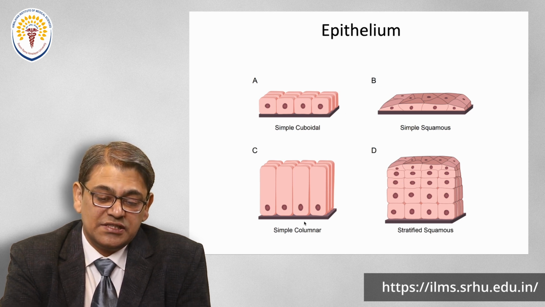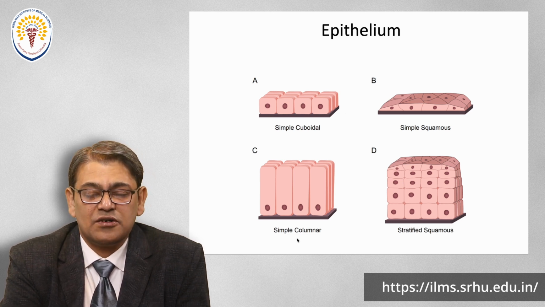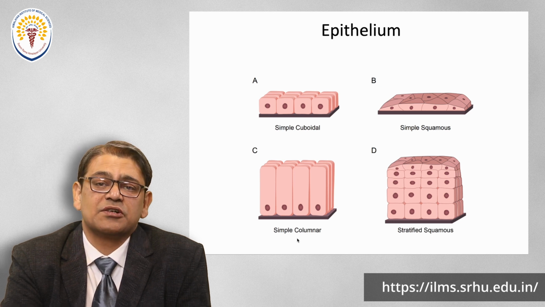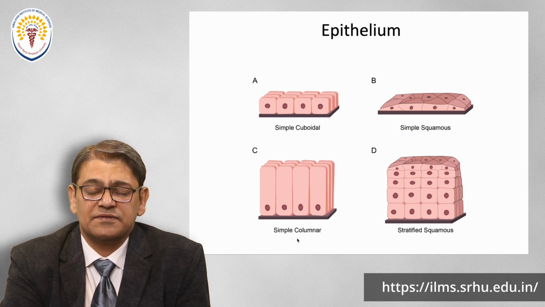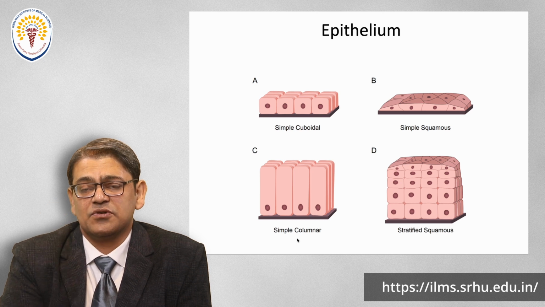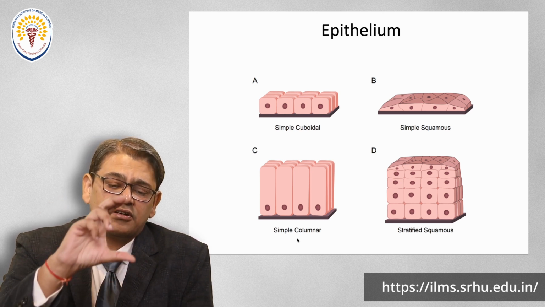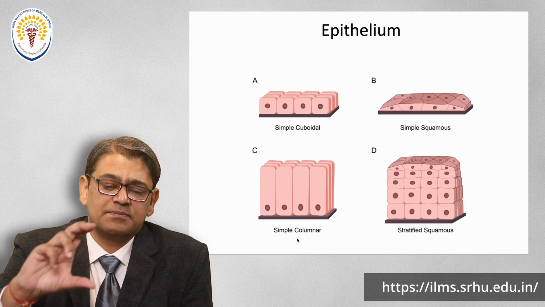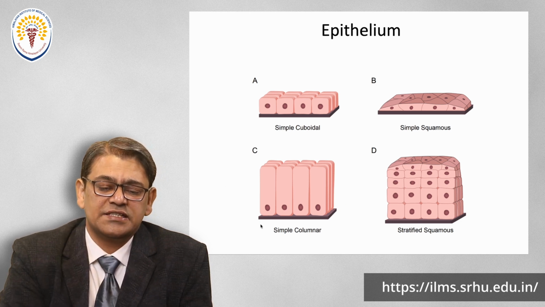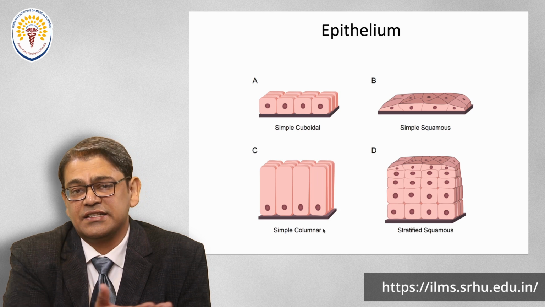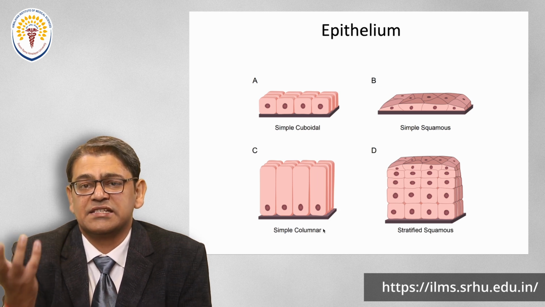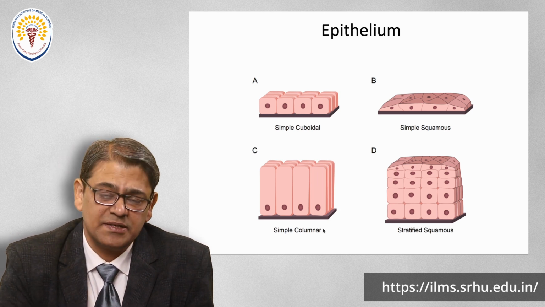Now, we move to the next one, and that is the simple columnar epithelium. As the name itself tells you, the cells have more length than width and depth, like vertical brick-like structures which are interlocked with each other, and of course there is a sticky platform, and that is named the basement membrane.